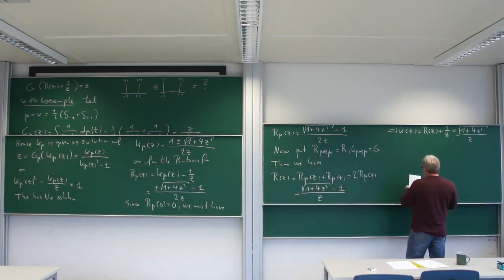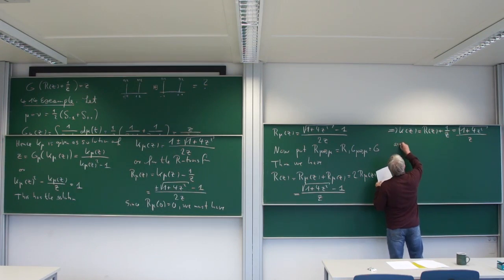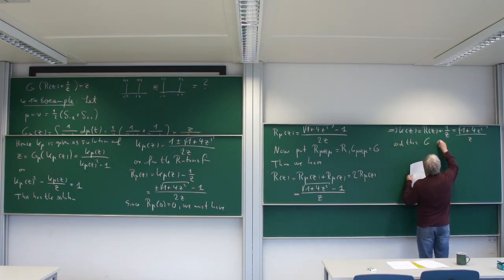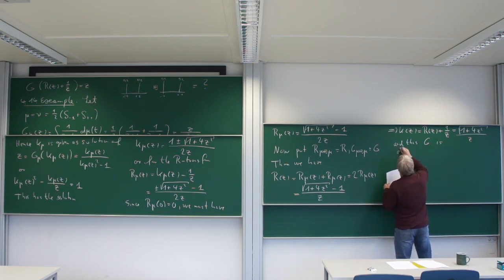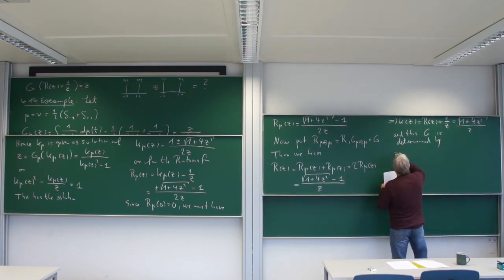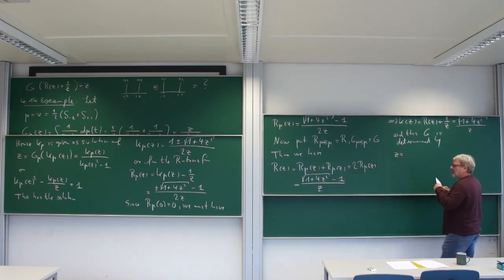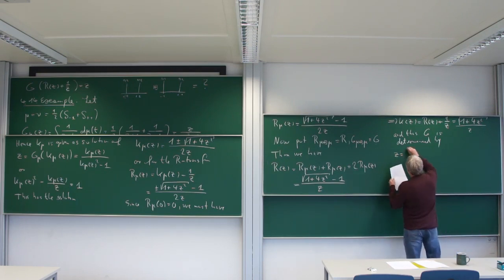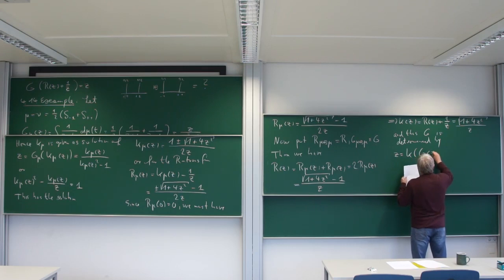So from this we get that G is determined by, okay, now I take the equation that if I plug G as an argument to k, I get back z. k of G of z is equal to z.